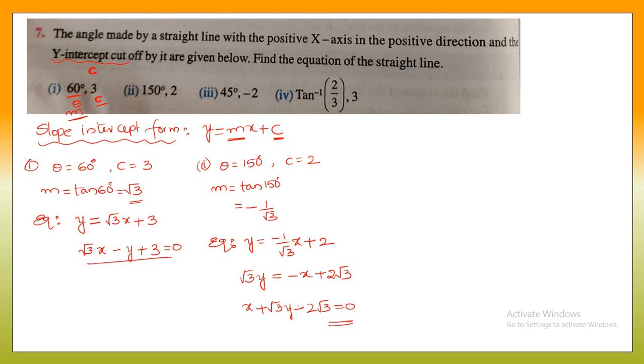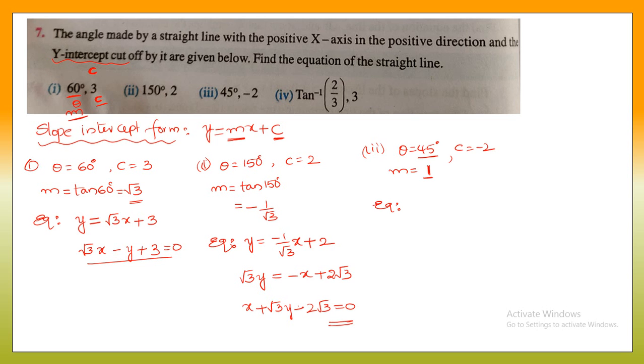Right, next moving on to the third question. So theta is given as 45 degrees. When theta is 45 degrees, slope is equal to 1. So remember this, when theta is equal to 45, slope is 1. When theta is equal to 135, slope is minus 1. So these two things you keep in mind, right? So m is equal to 1. So clearly what is the equation of the line?